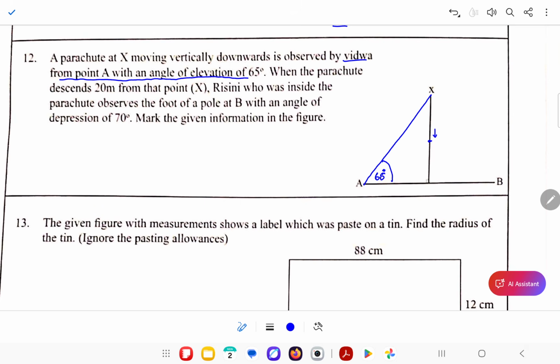So this length is 20 meters. So from that point, Risni observes B at an angle of depression 70 degrees. So this one. So those are the information you need to mark: angle of elevation, angle of depression, and the 20 meters, right?